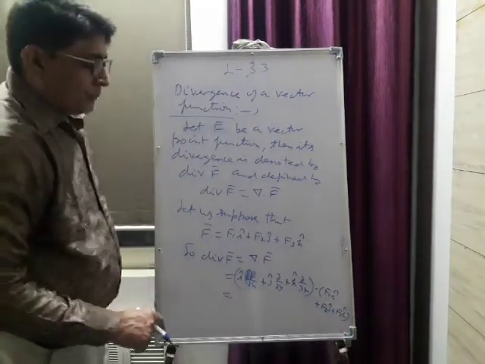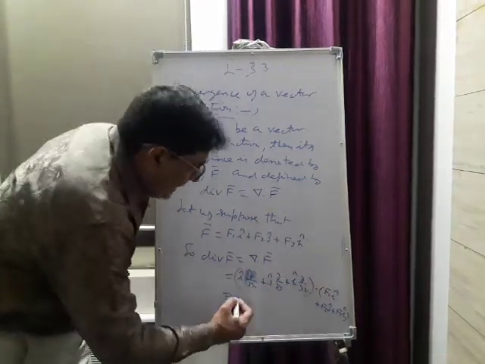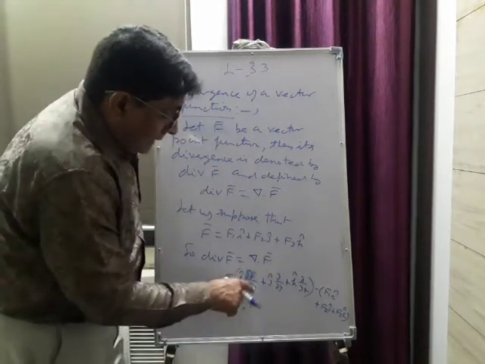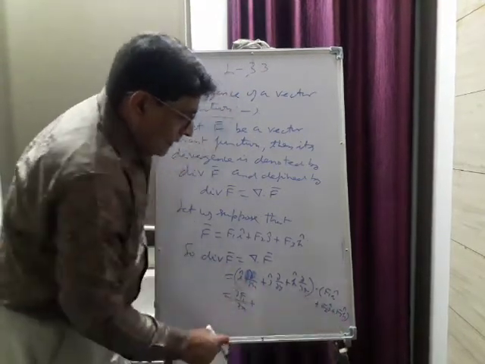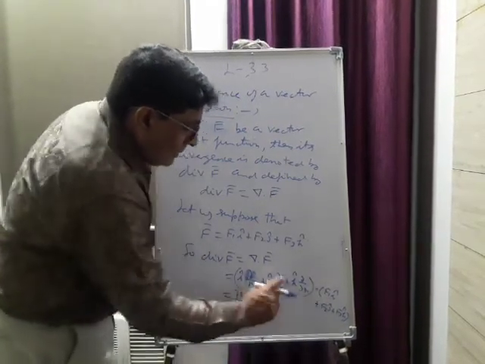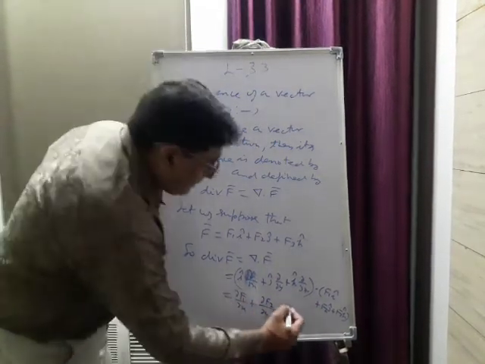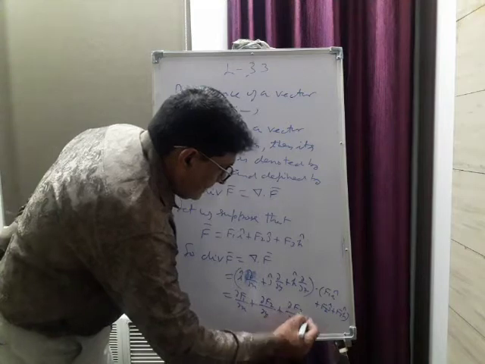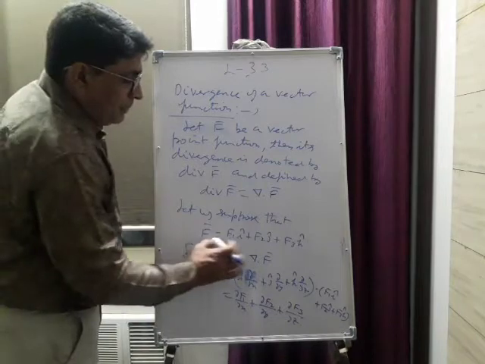So this becomes i dot i 1, so del f1 upon del x plus i dot j 0, i dot k 0. Now j dot i 0, j dot j 1, so del f2 upon del y plus del f3 upon del z. So this is the value of divergence f.